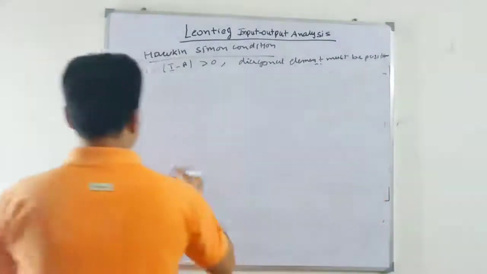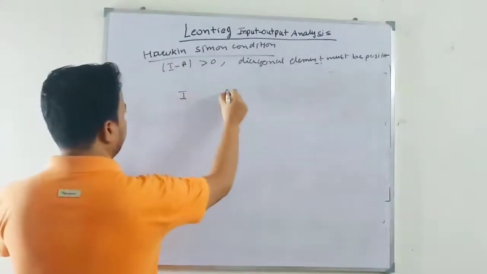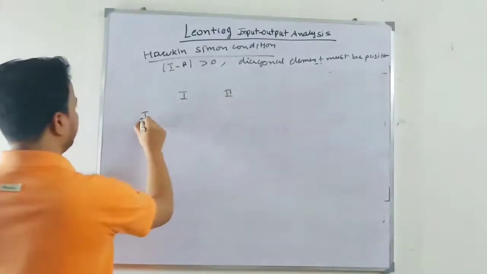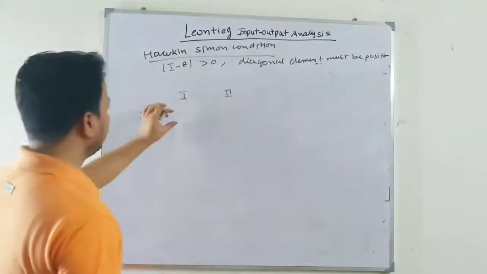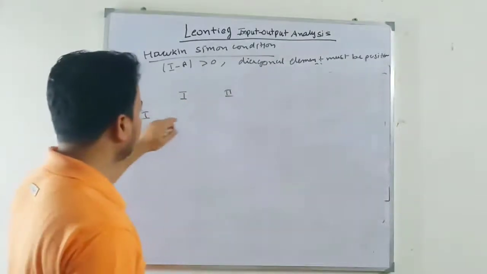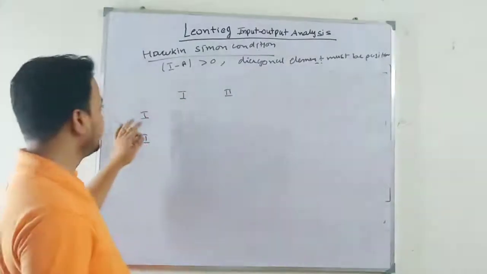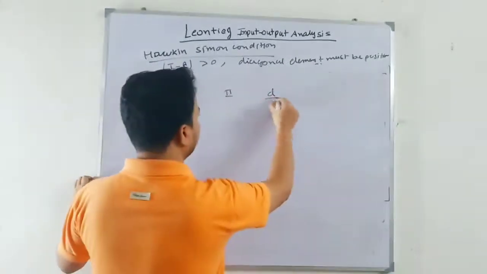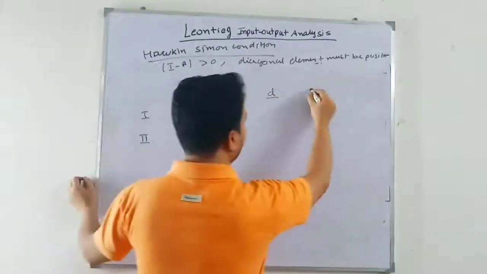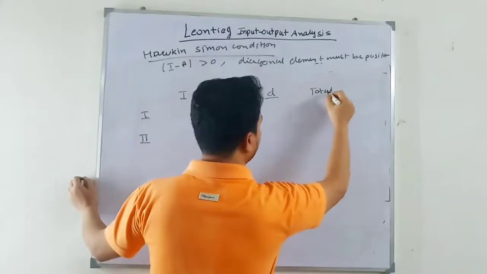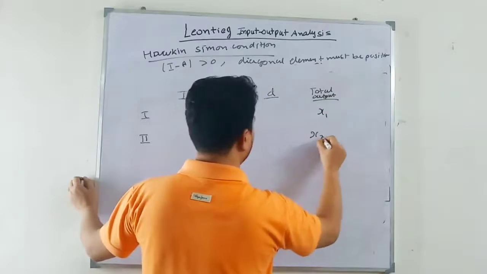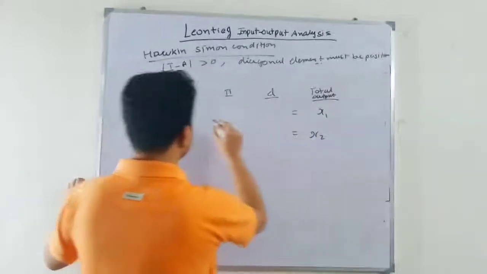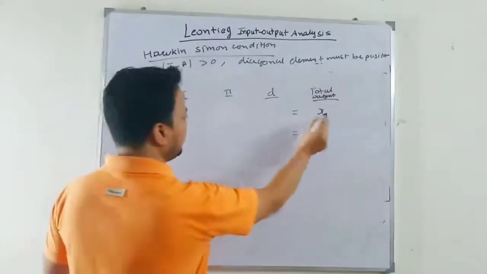Then we have constructed this in a 2x2 format for two industries. This row represents the output produced by industry 1, and I put the demand here. This represents the total output of the respective industry, x1, and this is x2. x1 will be equal to, I will add this, I will get my gross demand for industry 1.